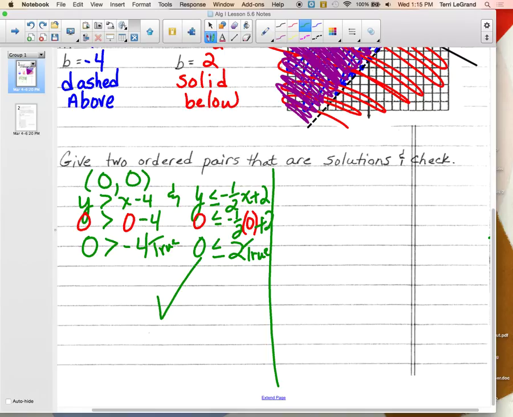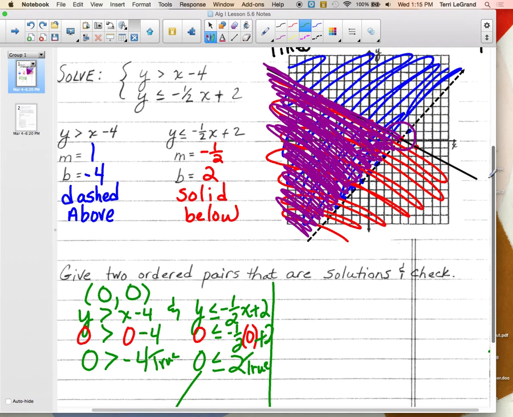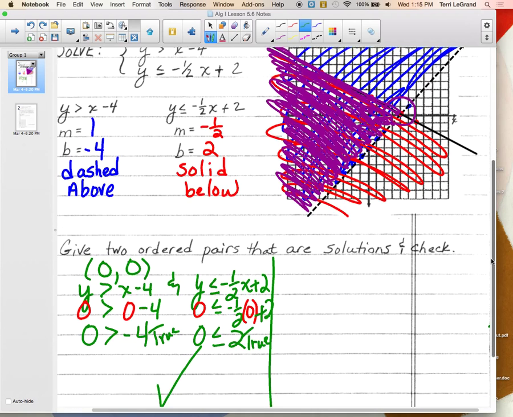Okay, you know what, for the fun of it, how about we check one on that solid boundary line we think is a solution? Let's pick one from the solid boundary line, okay? Remember, can we use the intersection point? No, okay, so give me, Cole. Negative 2, 3. Okay, so that was one of the points used to make the line, so I think it should work.